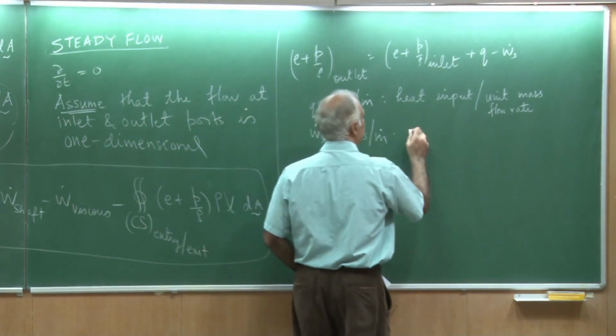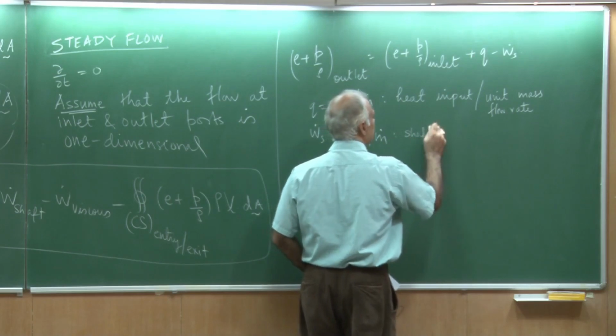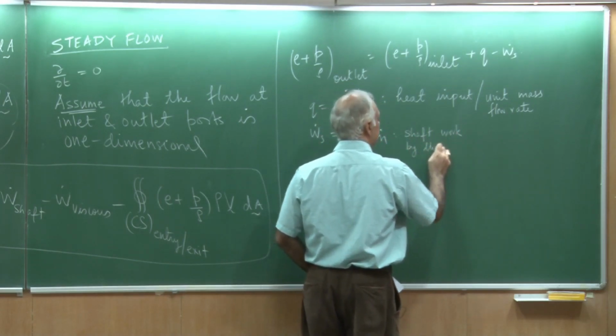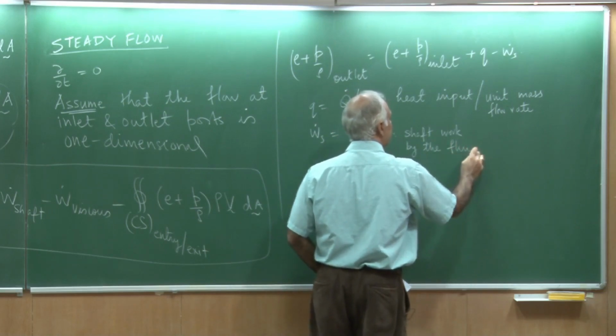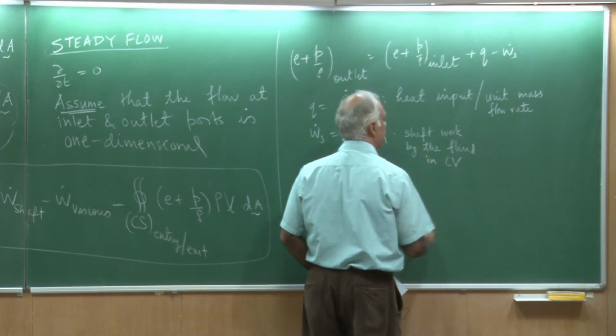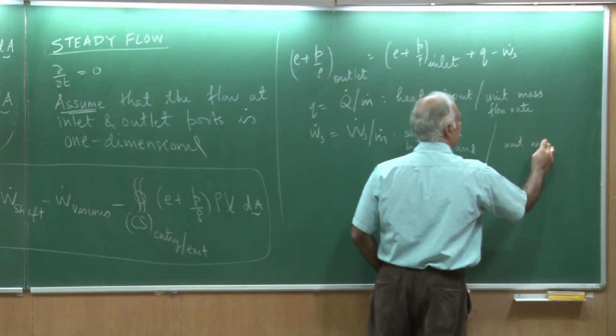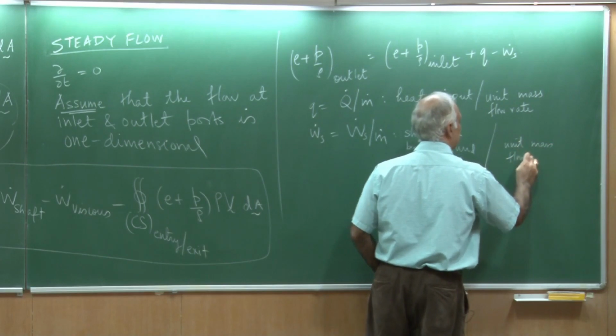So this is the shaft work by the control volume. So it's by the fluid in the control volume, which is per unit mass flow rate.